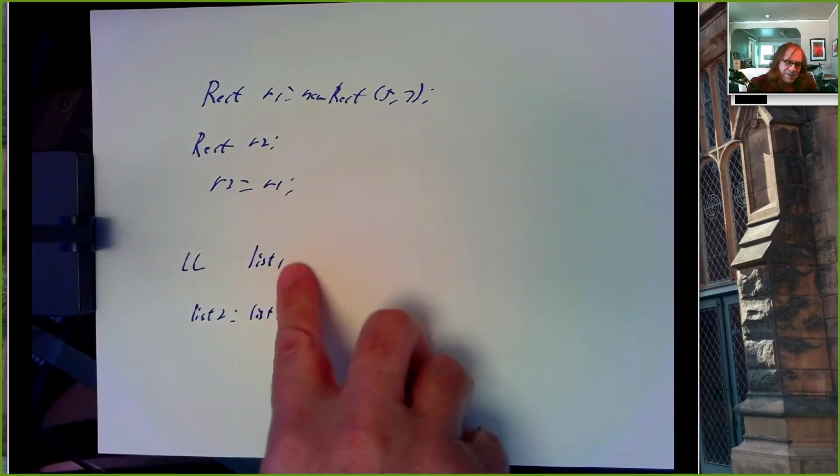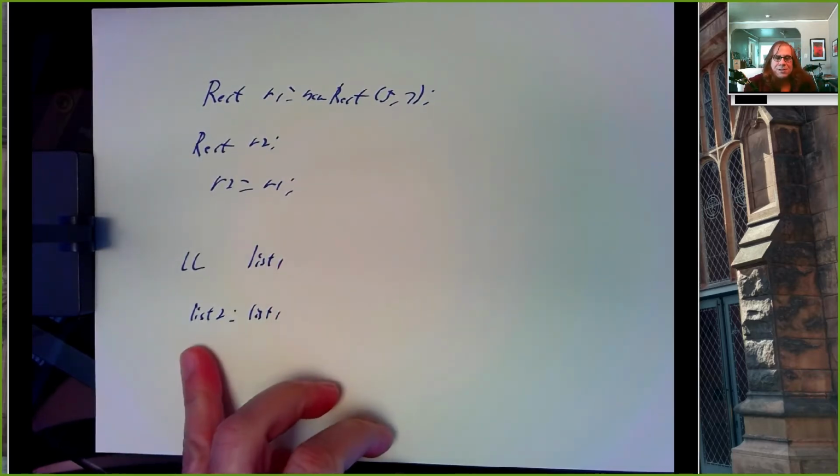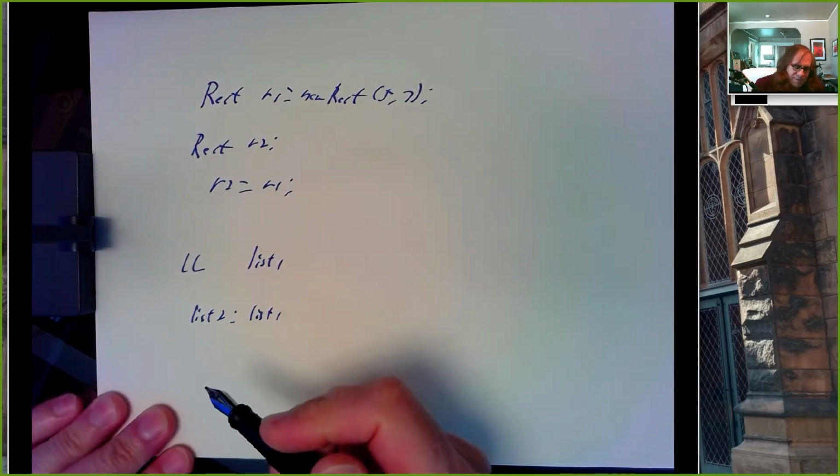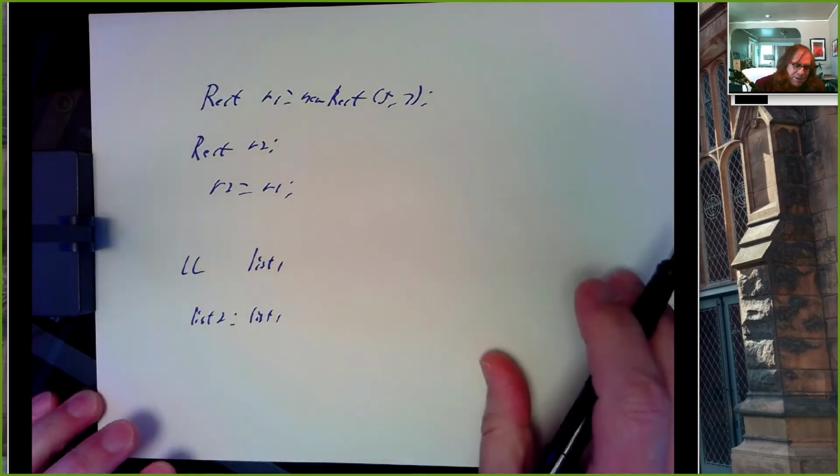And if I add something to list 1 and I look at list 2, it's going to have that thing in there. But what if you actually wanted to do a copy of list 1? If you wanted a new linked list that was completely independent, had its own existence, and it's a hard question in general.